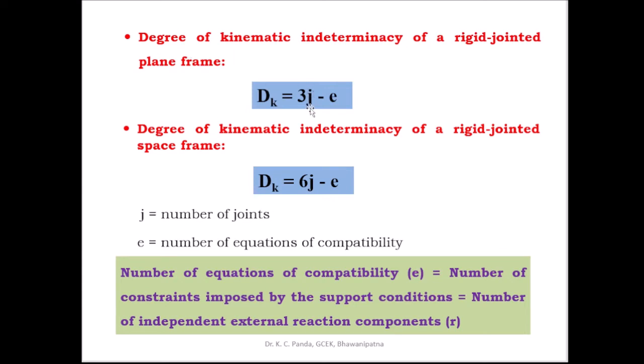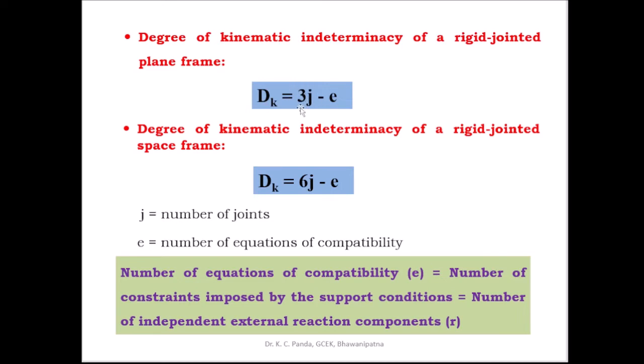As we know, at each joint of a rigid jointed plane frame there are three independent displacement components. So the degree of kinematic indeterminacy can be determined by the expression 3j minus e.